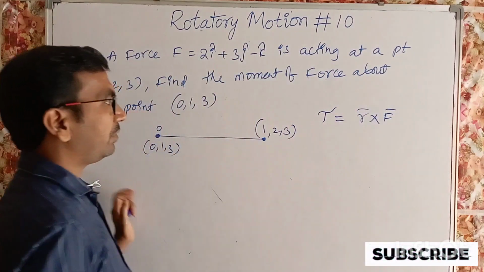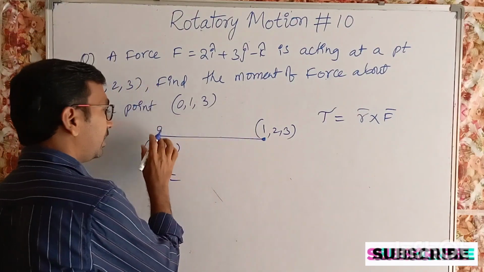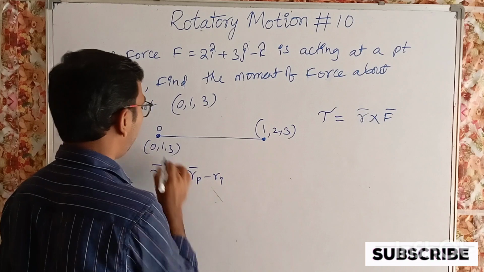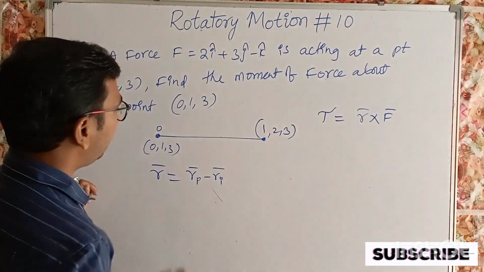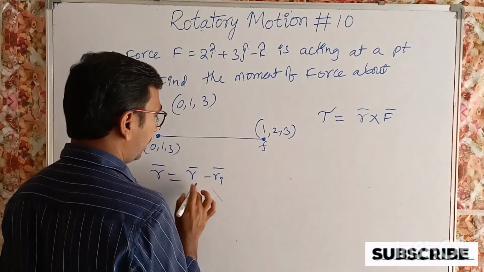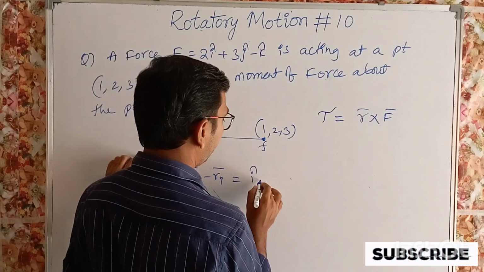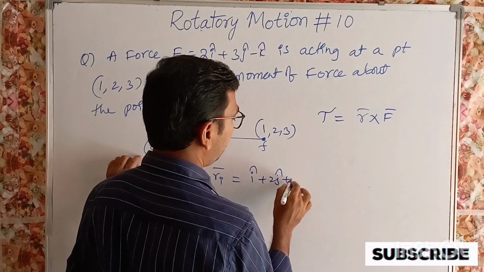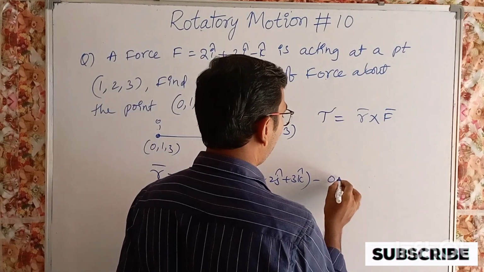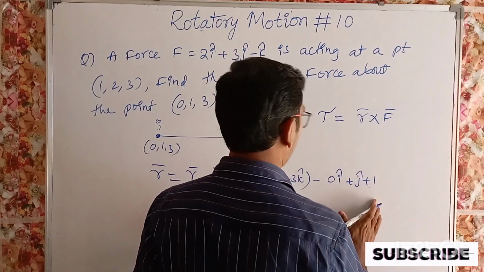Here F bar is given, but you have to find r bar. r bar is equal to the final point minus the initial point, so r bar equals r final minus r initial. r final is i cap plus 2j cap plus 3k cap, minus r initial, which is 0 i cap plus j cap plus 3k cap.